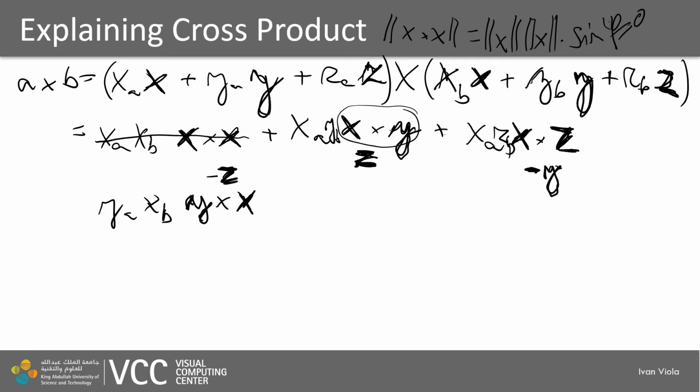And then the cross product with Y will be 0, so that the cross product between these two terms, the second terms, will be 0. And then we will have plus YA ZB, Y vector cross product with Z vector.